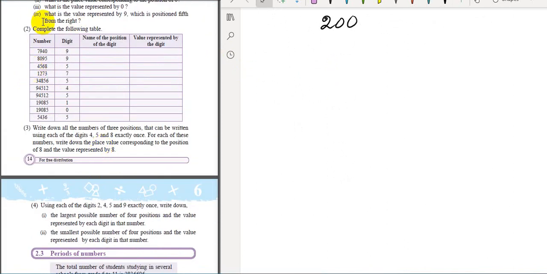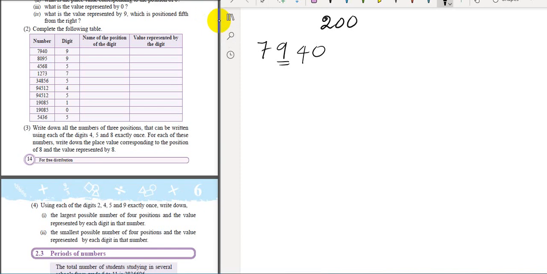So we have to do this exercise. In every question they have given a digit, and we have to write the name of the position of the digit and the value of the digit. Here 9 is in the third place: ones, tens and hundreds.